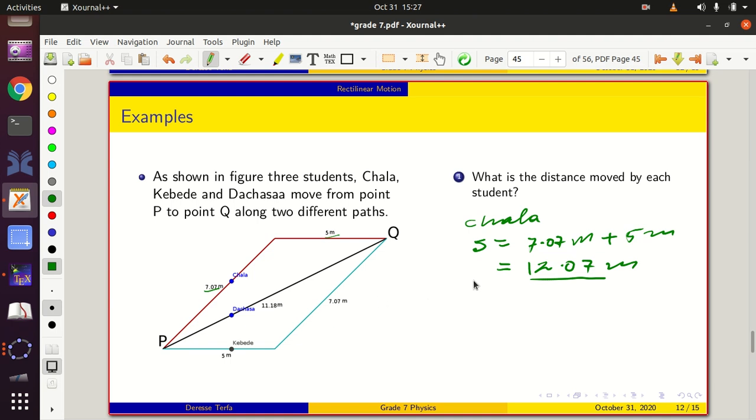Next, Dachasa. Dachasa is easy. It is a straight line path. Therefore, his distance is 11.18 meter. And the third one is Kabada.